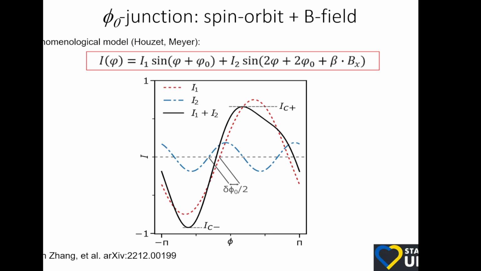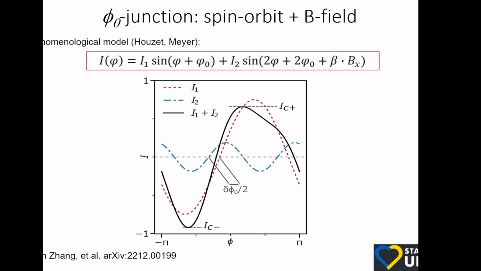Hard to detect. So comes to help this extra term if you allow a displacement between the first harmonic and the second harmonic, and especially if it's proportional to field, which also comes from spin-orbit coupling, then you can be in a situation like this, the black curve. So what is the black curve? Is the addition of the red and the blue.